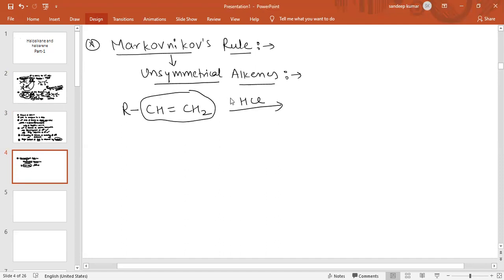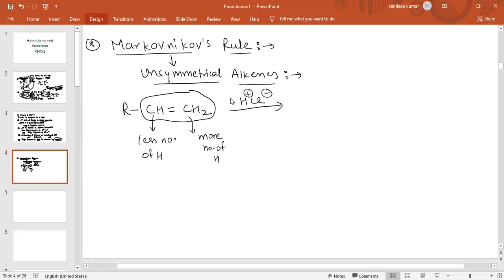In this case there are two parts: one is the electrophilic part, which is the H plus ion, and one is the nucleophilic part, which is the Cl minus ion. This carbon atom bears a smaller number of hydrogens, and on this carbon there are more hydrogens.